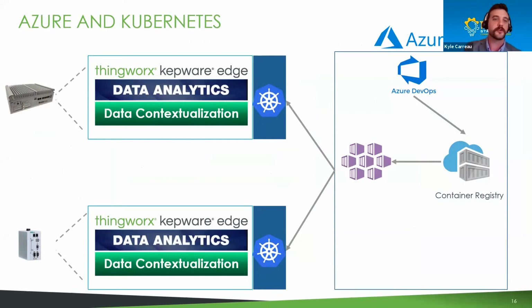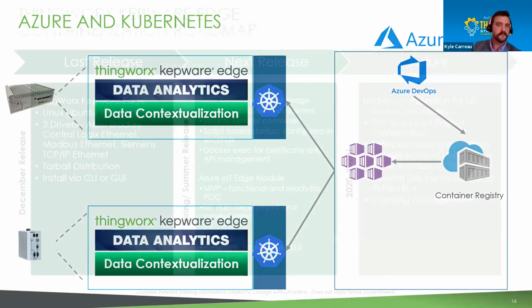So really that's the gold standard we're working towards. And we believe that containerization and container technology is the way to help us get to that scalability issue that we see in IIoT environments.